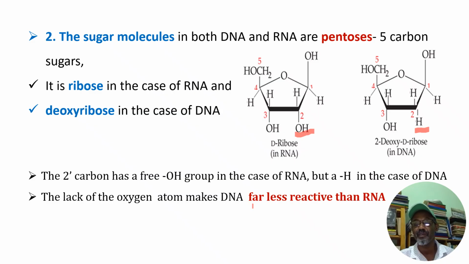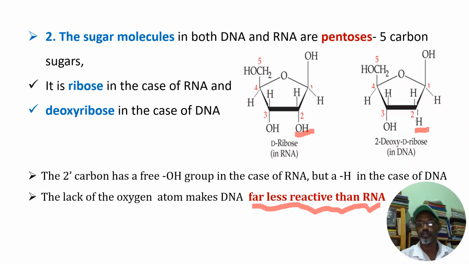This is very important for DNA, for DNA not to change easily, not to undergo reaction easily, because it is the carrier of very important information, that is, genetic information. This absence of oxygen here at carbon number 2 makes DNA stable, less reactive.